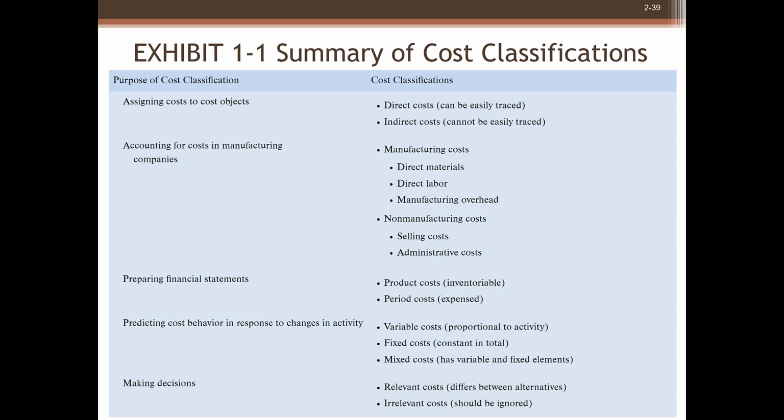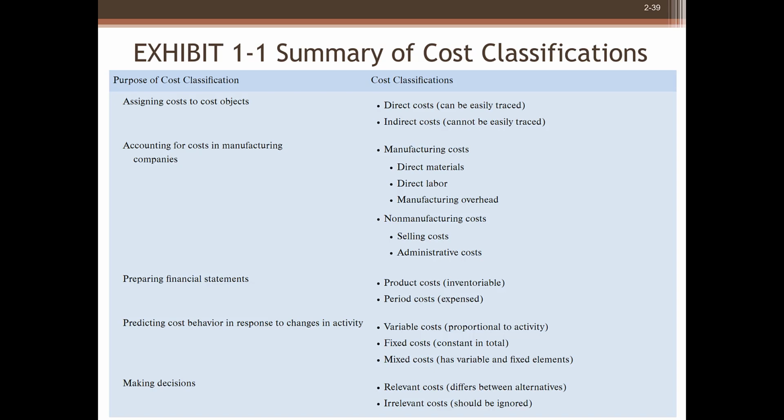For the purpose of predicting cost behavior in response to changes in activity, there are 3 classifications: variable, fixed, and mixed cost. Variable cost varies in direct proportion to level of activity, but variable cost per unit is constant.